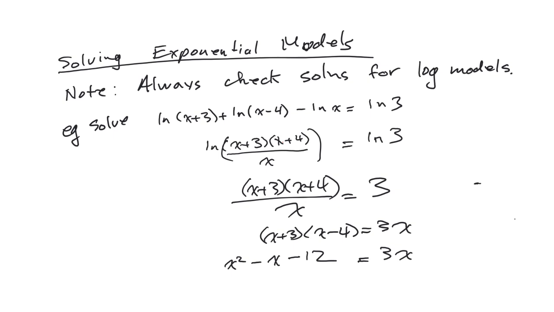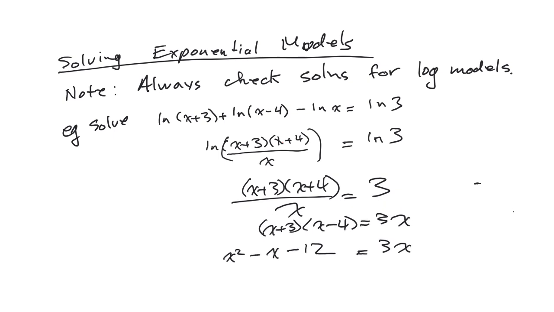So now all we have to do is solve for x by moving this over to this side and collecting like terms. When you bring the 3x to the other side, you're left with x squared minus 4x minus 12 is equal to 0.